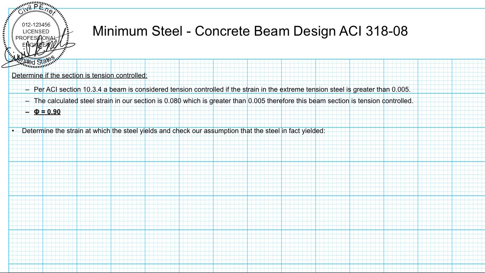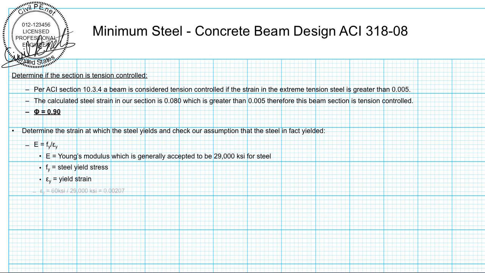Once again, I just want to walk you through this. We need to determine the strain at which the steel yields and check our assumption that the steel in fact yielded. We know that Young's modulus is equal to the stress in the steel divided by the strain in the steel. So if we want to find the yield strain, we set Young's modulus equal to the yield stress divided by the yield strain and solve for that yield strain.